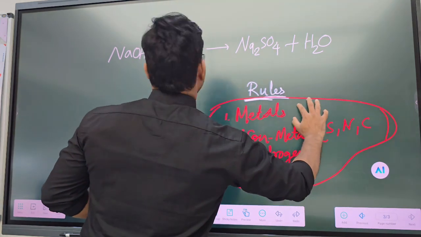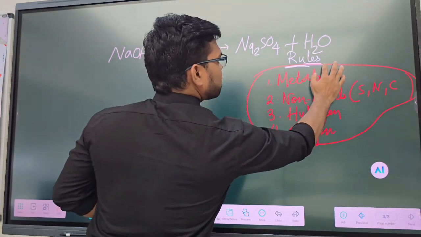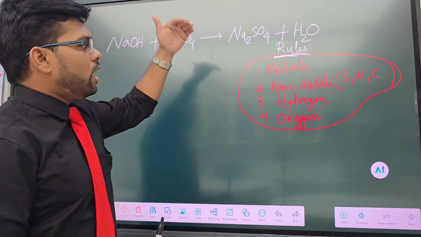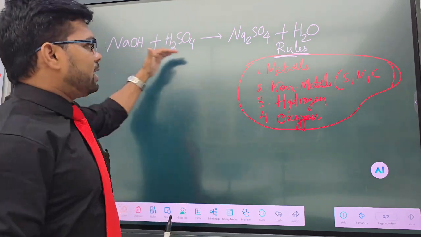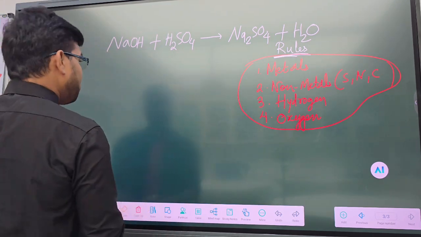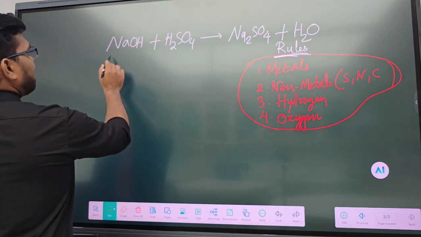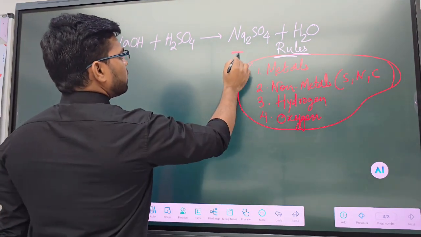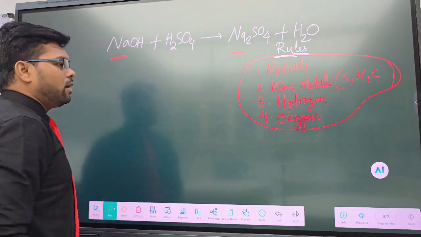Let me keep this a little to the left so that I can explain. Now let me explain how I am going to apply these rules to balance this chemical equation. Let's start. Here, the metal is sodium, and here also we have sodium. Here there are two sodiums, but on the left side there is one sodium.